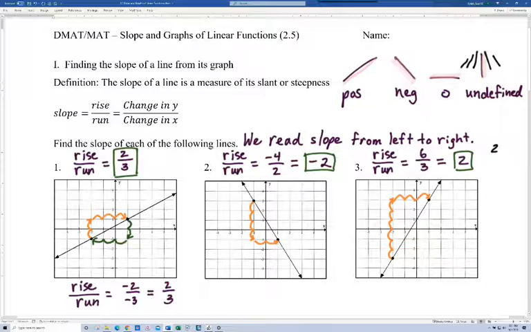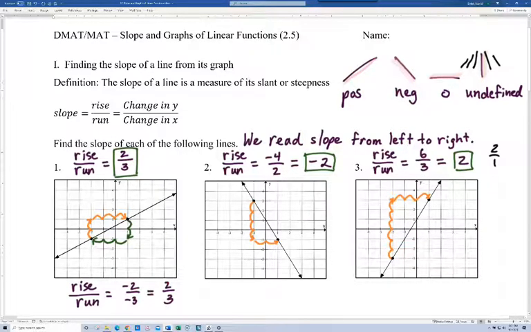Now I could think of that as 2 over 1. Notice we could actually go up 2, right 1, up 2, right 1. And so you can see that a slope of 2 definitely, you rise 2, you go 1 to the right, you're on another point on the line. And so that is our slope.